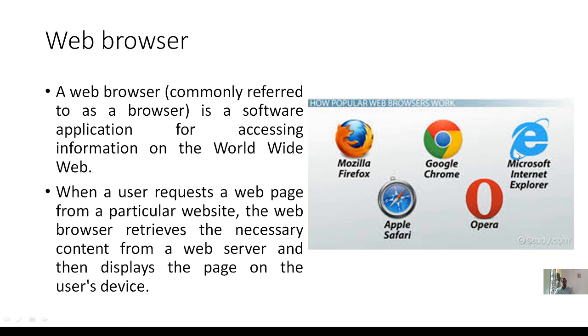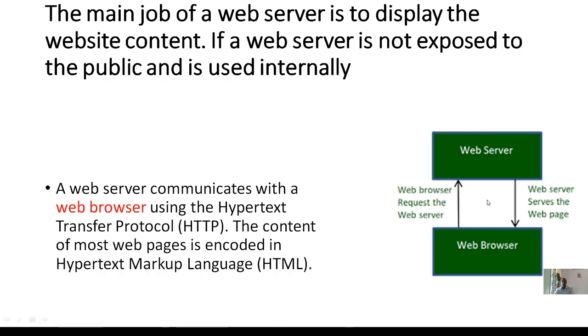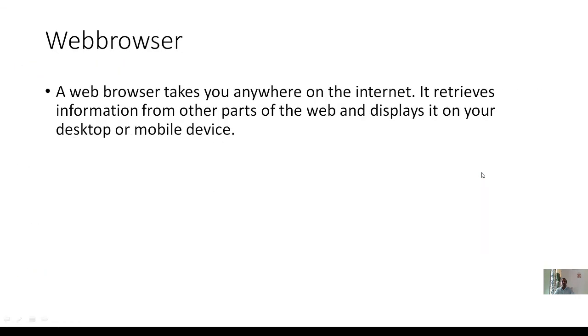Microsoft Internet Explorer is a web browser. Mozilla Firefox is a web browser. Opera is a web browser. That is, there is communication between web browser and web server. The web browser requests a website and the web server provides the website.